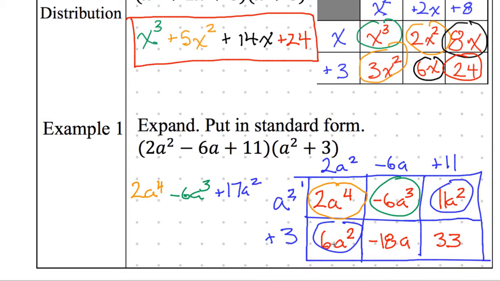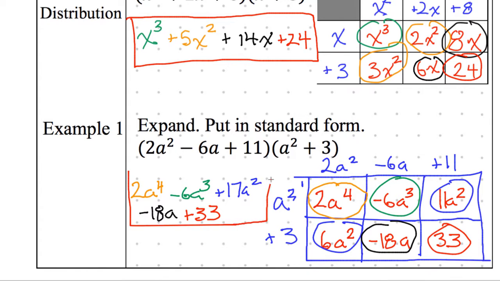Oh my, I got it wrong there. It's okay. It happens. Everyone makes mistakes. All right, Eva, all the a terms. It's just negative 18a. Gio, all of the constants. 33. Just the 33. It's not all on the same line, but it's still there.